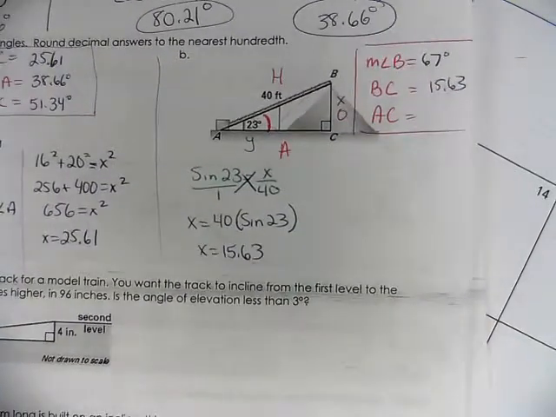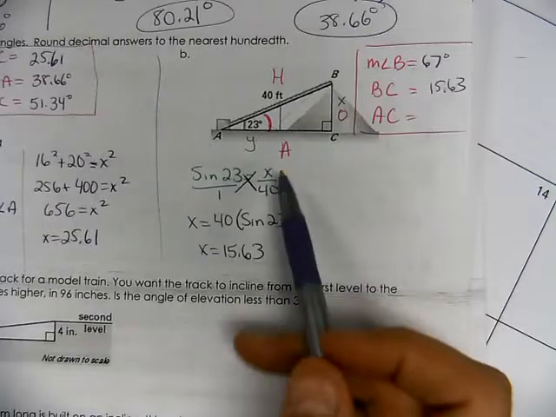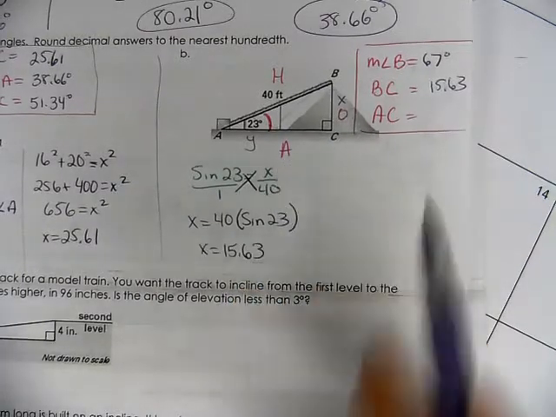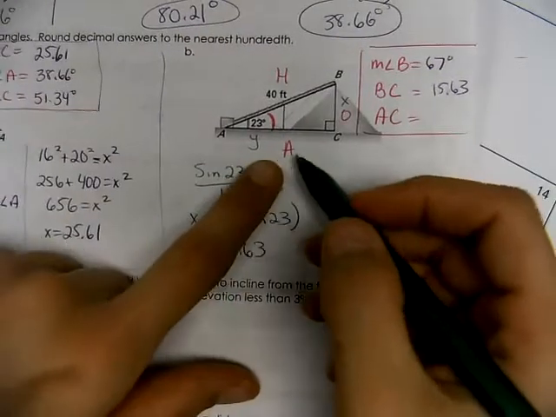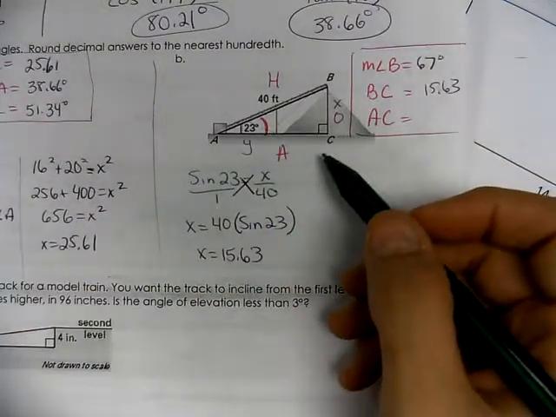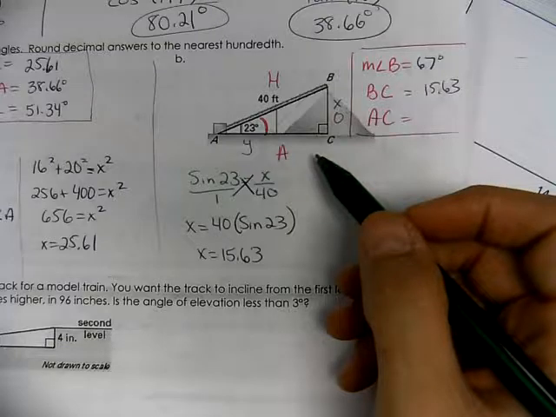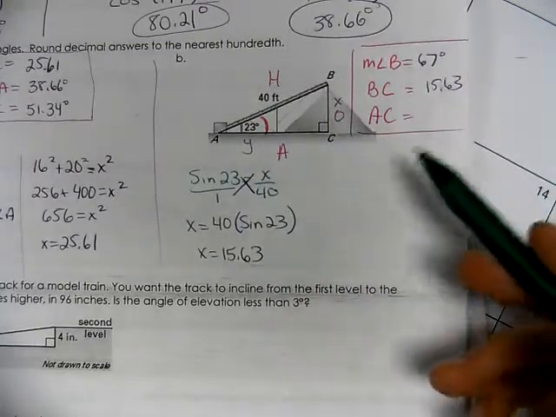You have two options for AC. I can use Pythagorean theorem to find the other leg, or I can do another trig function. I'm going to do another trig function just so you can see it, because I know it's been a minute since we've done these. It's been 3 days. Plus, when you do another trig function, you're not using any of your answers. So if you get this one wrong, you won't get the next one wrong.